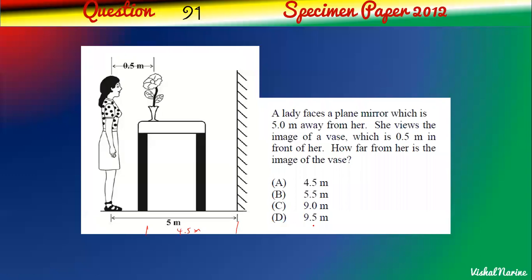So hence the image of the base is going to be 4.5 meters also. So the total distance from the lady to the image of the vase is going to be 5 plus 4.5, which is 9.5. All right, so it is D.